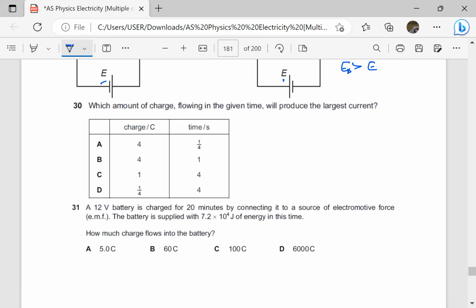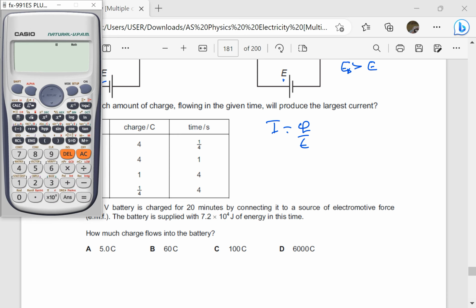What amount of charge flowing in the given time will produce the largest current? Of course, current is equal to charge over time. Now we are going to do inspection. Because current is charge over time, we want the amount of charge that will give the largest current using the time given there. Number 1, we have a charge of 4 coulombs divided by a time of 1 over 4.